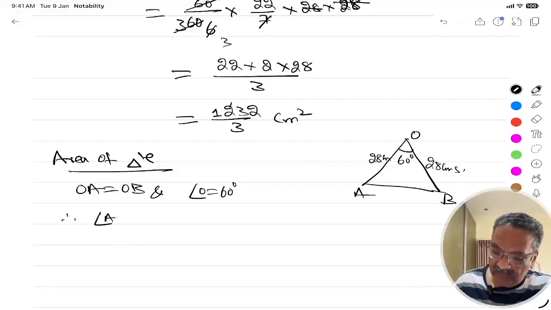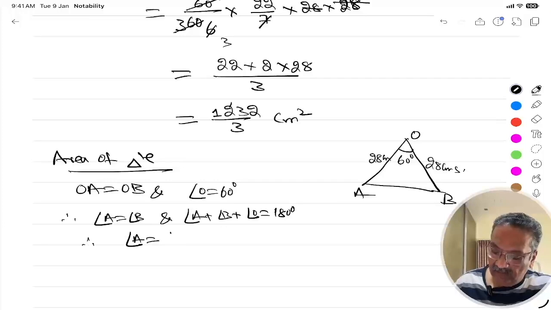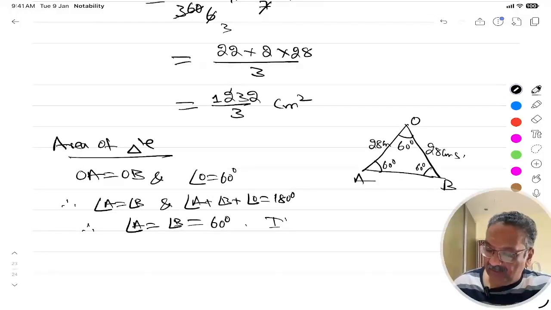Therefore, angle A is equal to angle B, and angle A plus angle B plus angle O is equal to 180 degrees. Therefore, angle A and angle B become 60 degrees each. Correct? So it is an equilateral triangle.